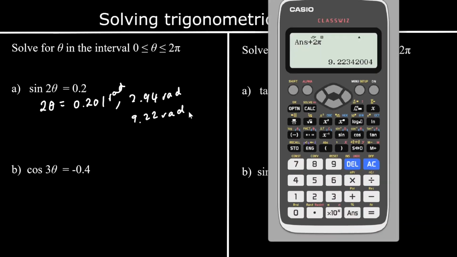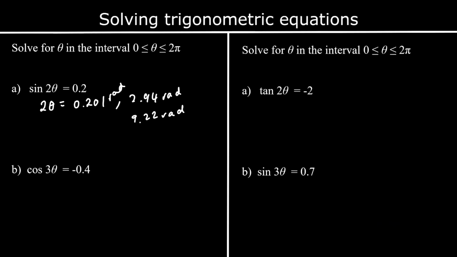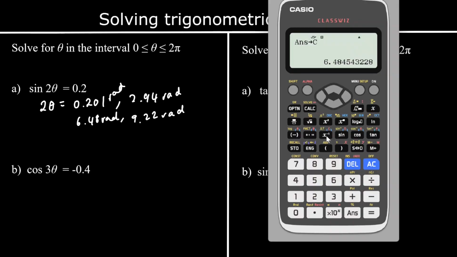Let's save that one as D. And we'll have A, which was our first answer, plus 2 pi, 6.48. And store that one as C. So we've got A, B, C, and D, these answers.